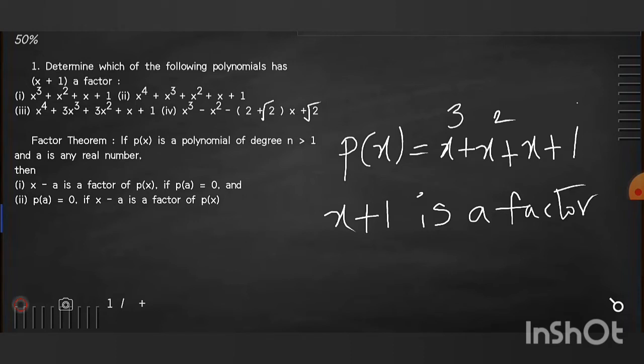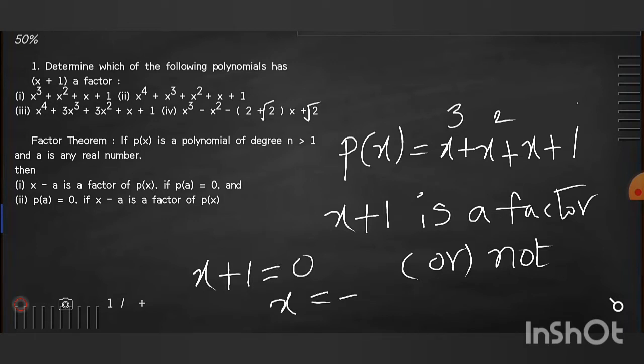How do we know that? We set x plus 1 equal to 0, so x equals minus 1. We replace x with minus 1, and if the result obtained is 0, then we consider x plus 1 a factor of the polynomial p of x.